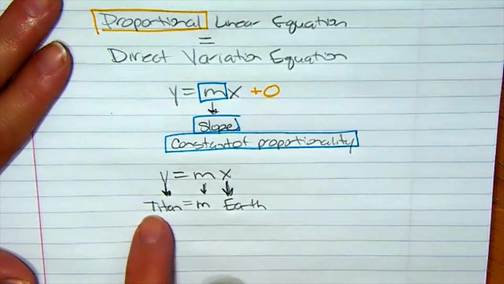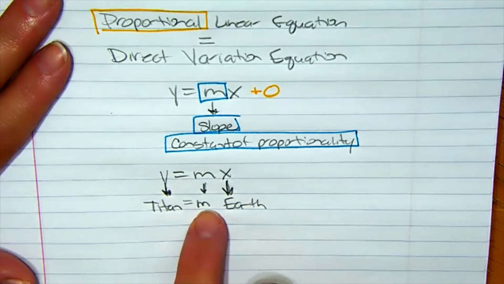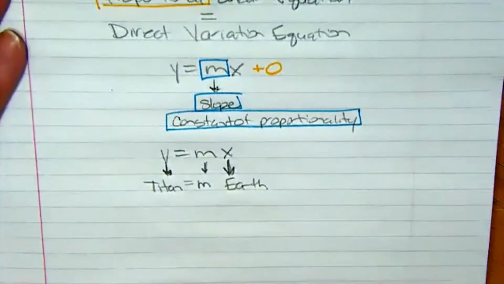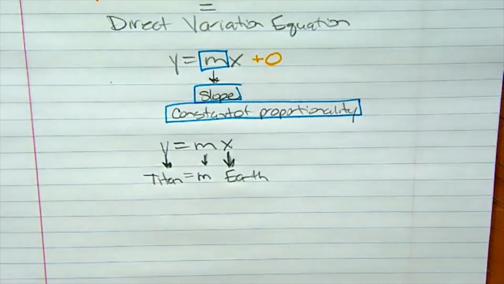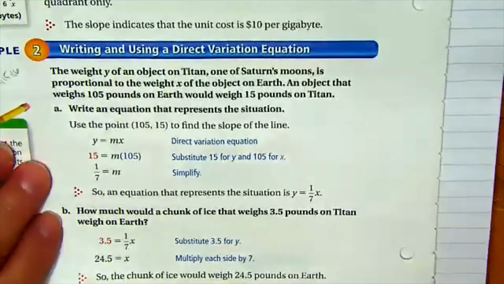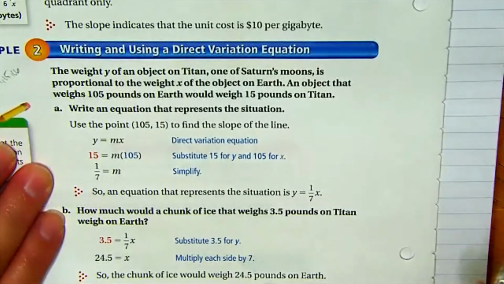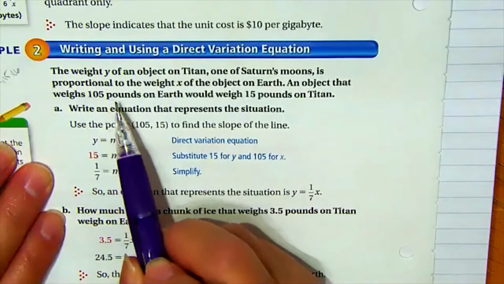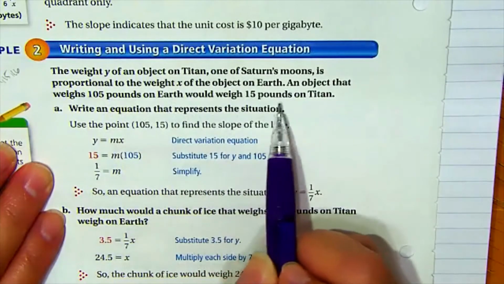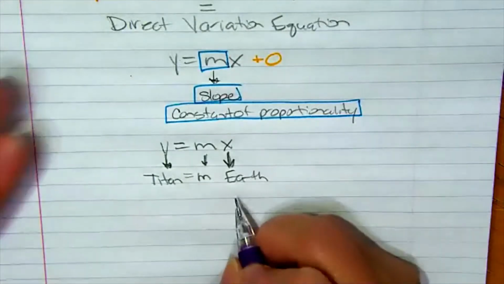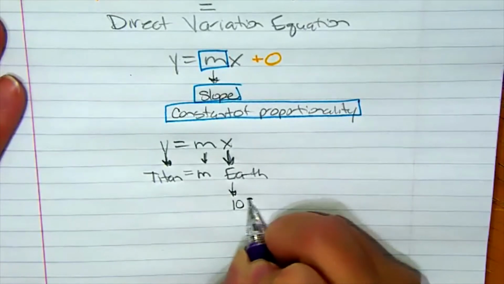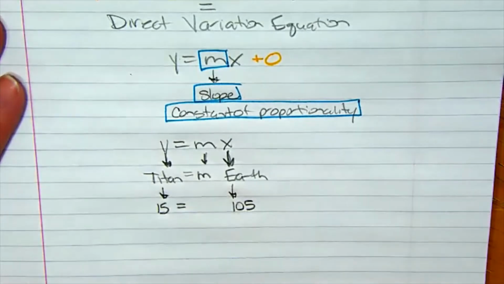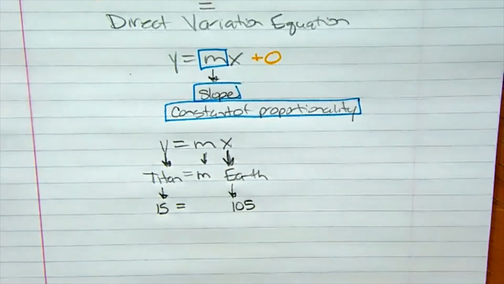So the weight of something on Titan is equal to our constant of proportionality times Earth. Okay, so I'm labeling everything. I'm using the information that the problem gives me. Now it tells me an object that weighs 105 pounds on Earth would weigh 15 pounds on Titan. 105 pounds on Earth is 15 pounds on Titan.